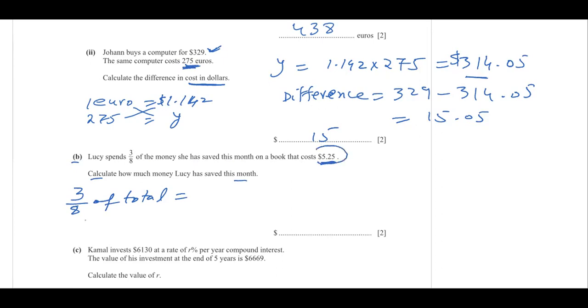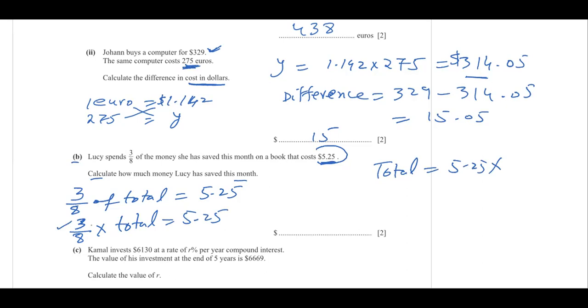That book is 3/8. So it means 3/8 of the total is given as 5.25. So what will be the total, meaning multiplication? So it will be 3/8 times total equal to 5.25. So what will be total? You have to shift it to the other side. Total will be 5.25 into, when you shift this to the other side, it becomes the reciprocal 8/3.